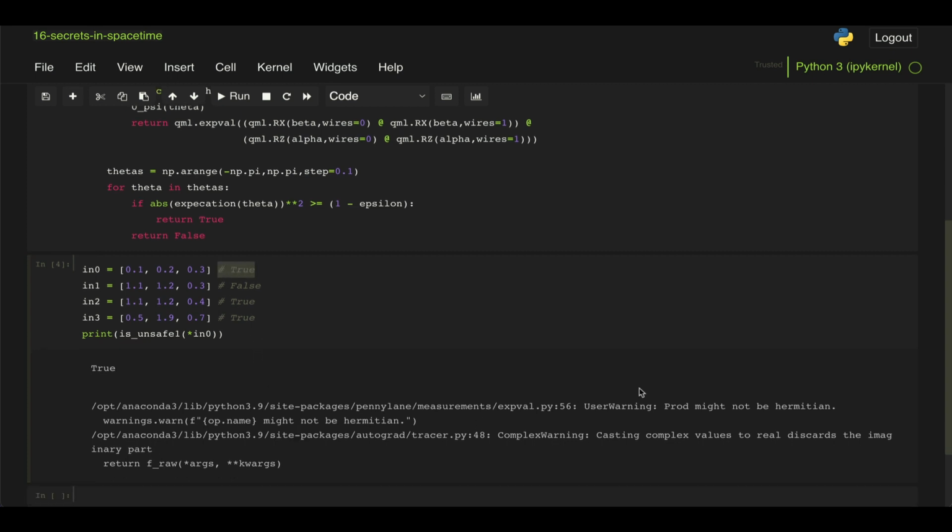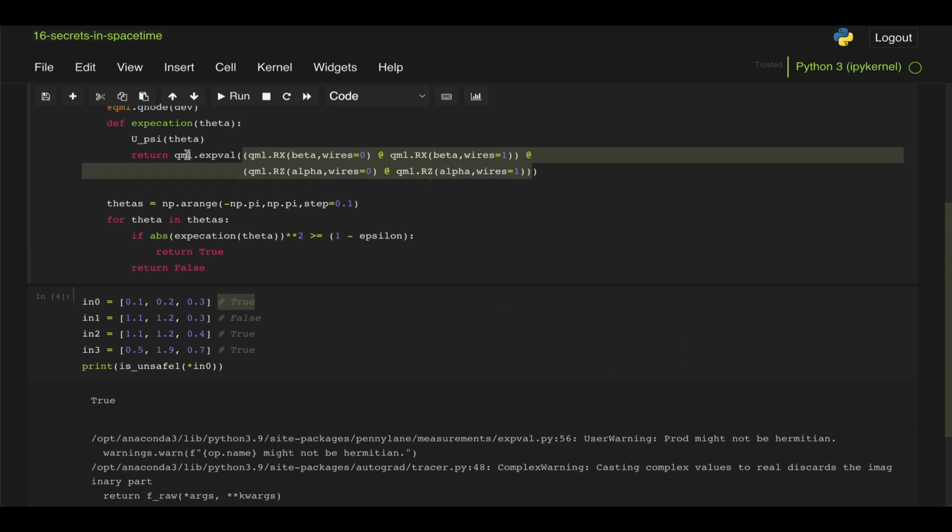And this warning is telling us that the operator that we're using to calculate this expectation value is not Hermitian. So in PennyLane, this expval function expects an observable, so basically a Hermitian operator, which in other words has real eigenvalues.